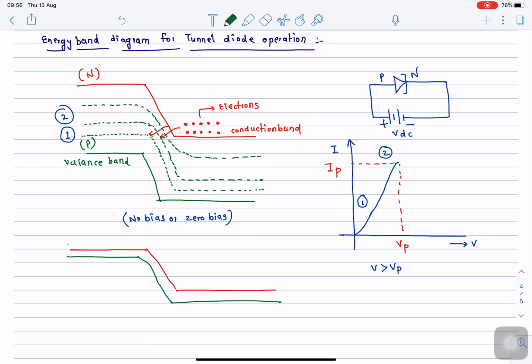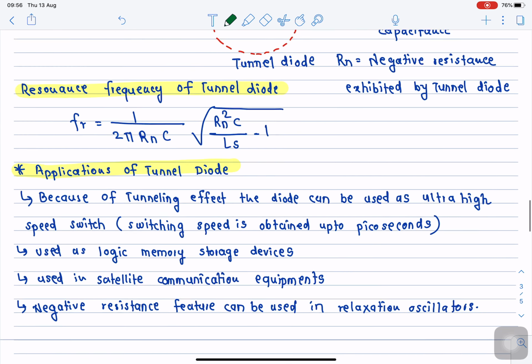So what happens at position number 3? The valency band shifts upward and upward. Here the same diagram is depicted.